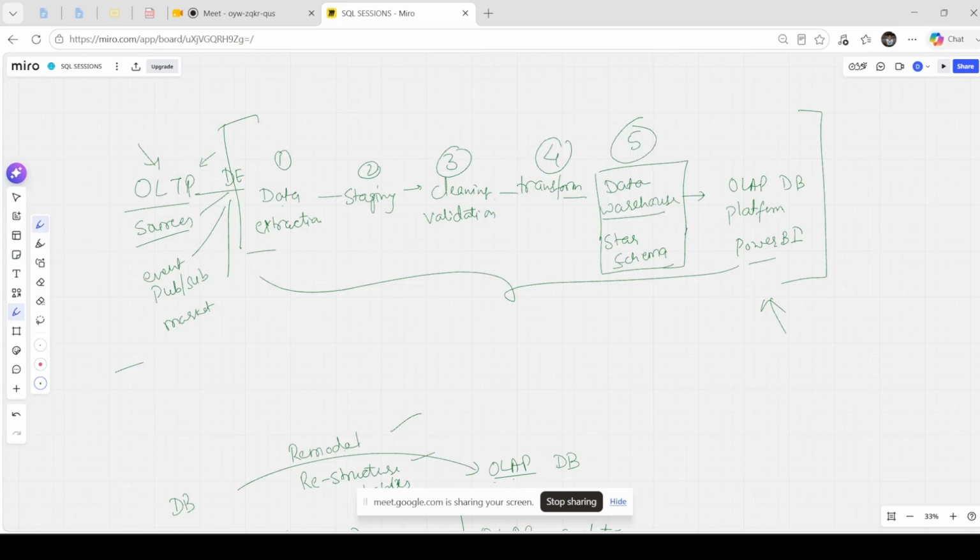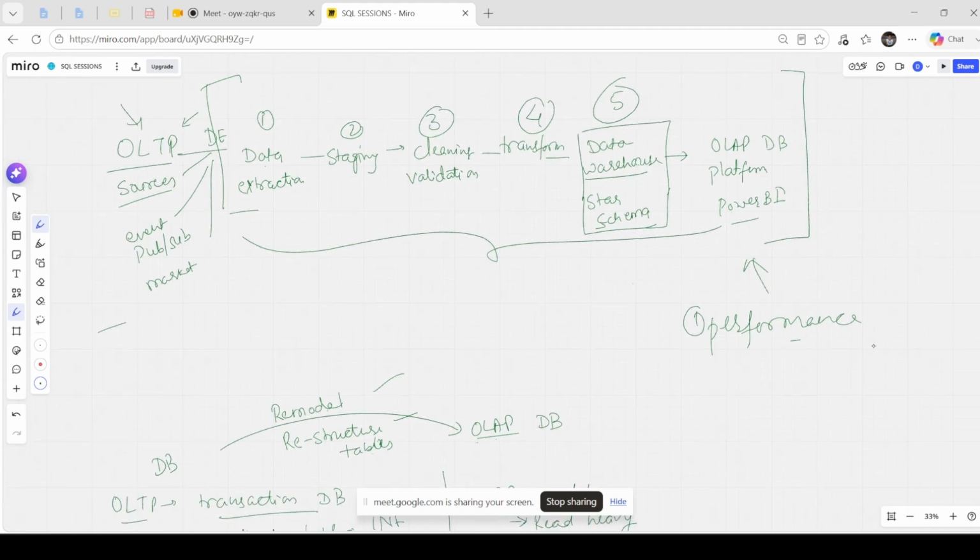It means that using a minimum number of joins, subqueries, and whatever it is, you have to get your work done. What is important here is the performance, right? The business team wants all the analytics very fast. It's not going to wait there. It wants it on a daily basis also. So my performance is very important here, right?